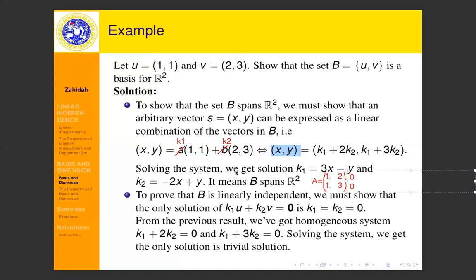Or from the previous result, we have k1 equals 3x minus y. When x and y are 0, for sure we have k1 equals 0 and k2 equals 0. So it means the solution of this system is only the trivial solution. So our B here is linearly independent.